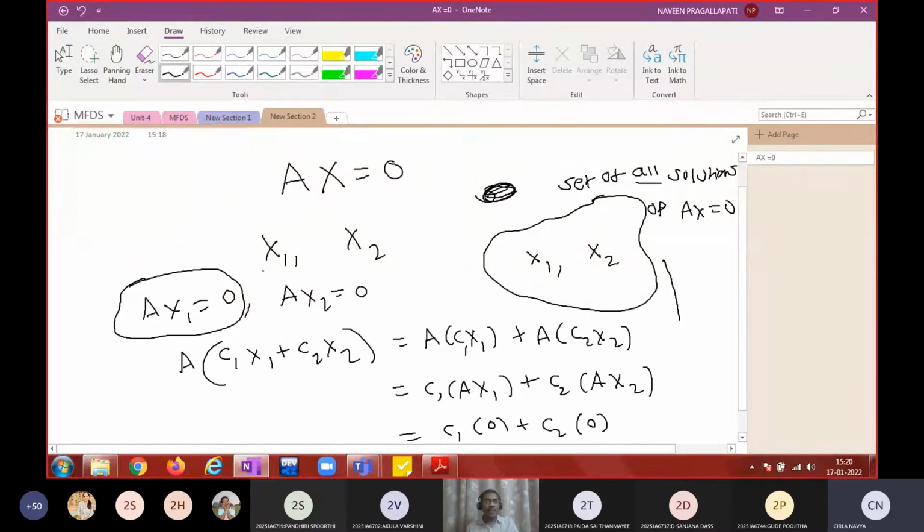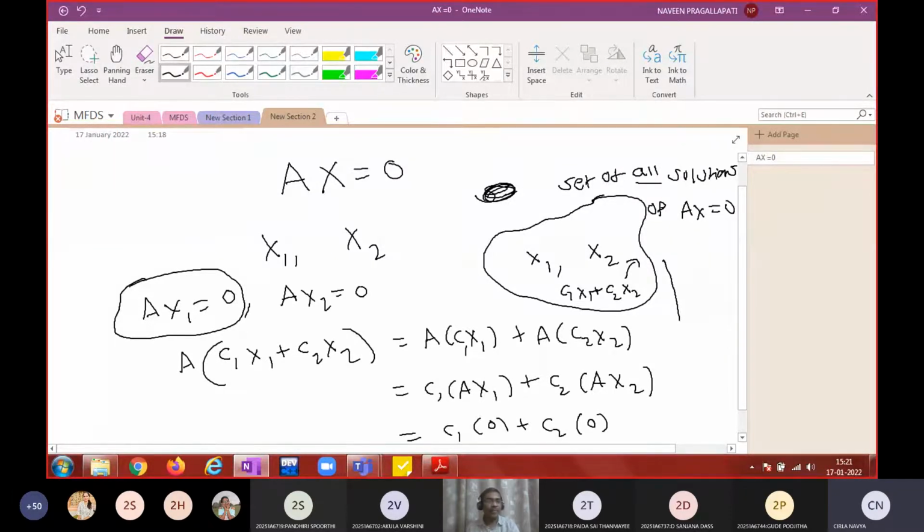So if x1, x2 are two solutions, the linear combination c1 x1 plus c2 x2 is also a solution, which means it belongs to the set of solutions. If you take any two vectors and the linear combination also belongs to the same set, then what is that set called? Subspace.